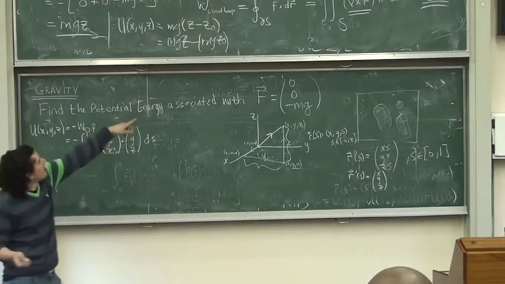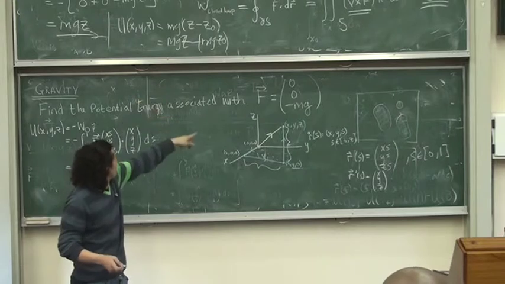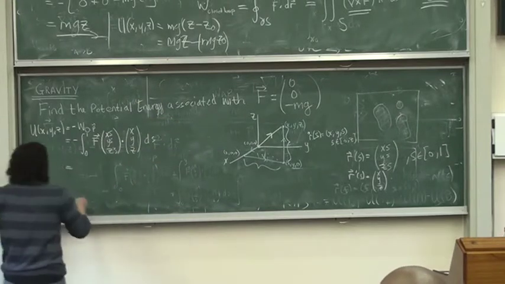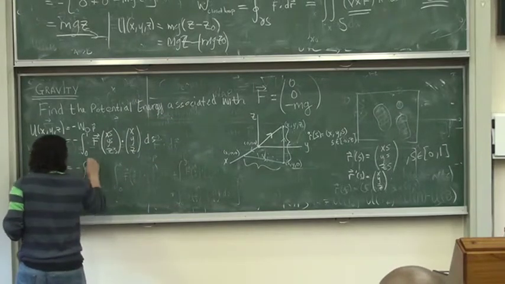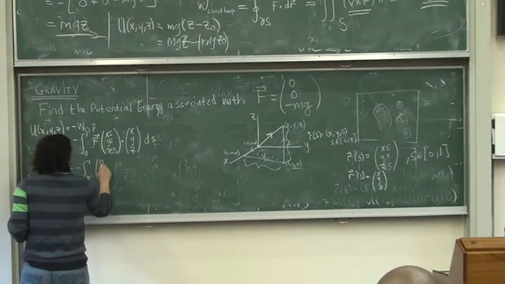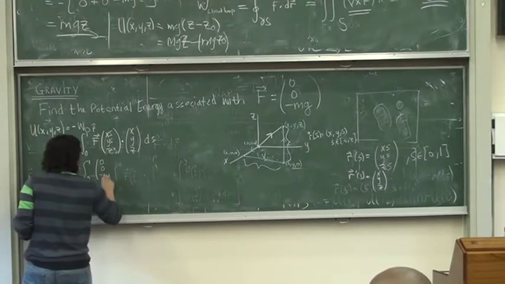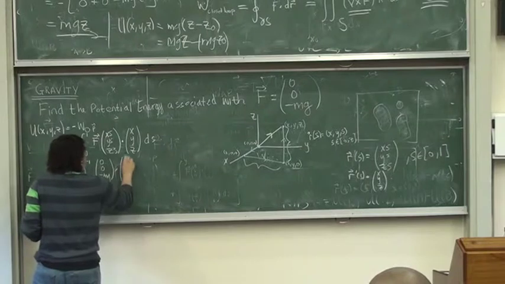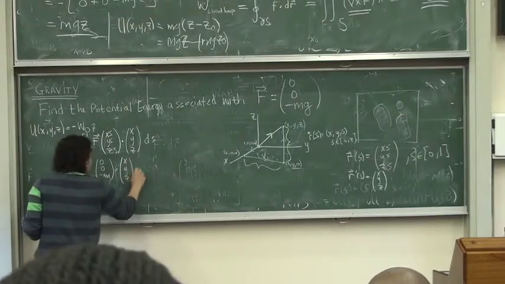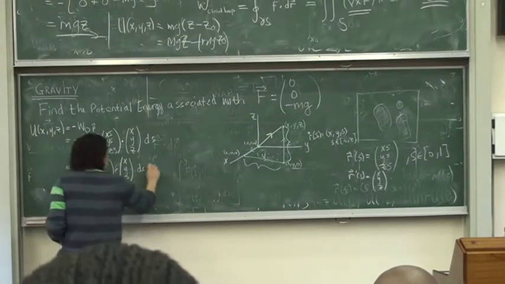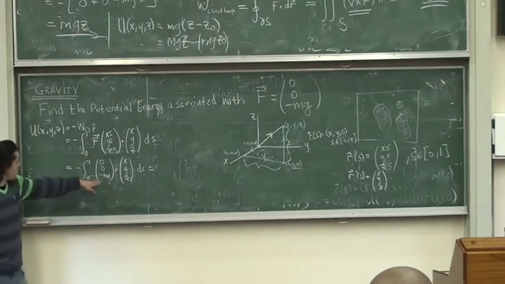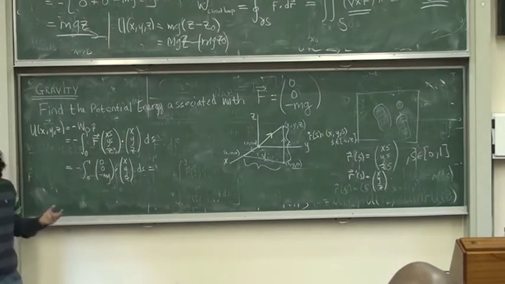Well, F is constant. F is always 0, 0, minus mg, right? So I can just write this as minus the integral from 0 to 1 of 0, 0, minus mg dot x, y, z ds, which is minus mgz ds.